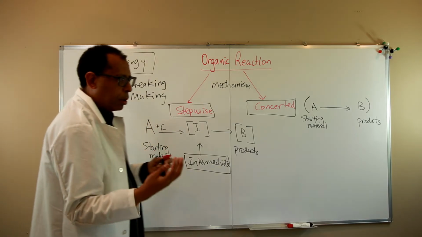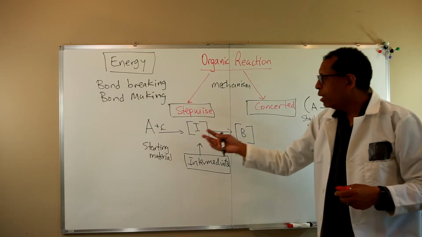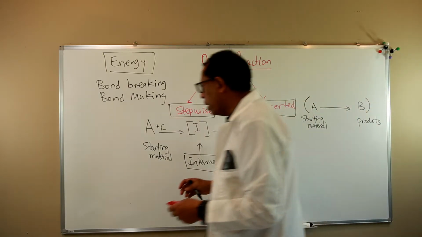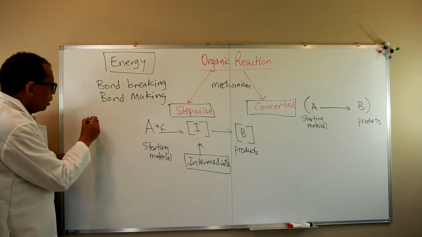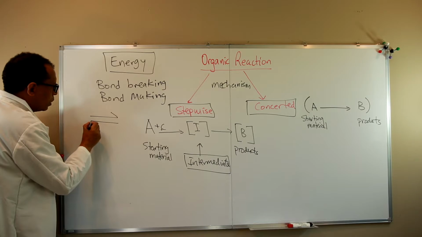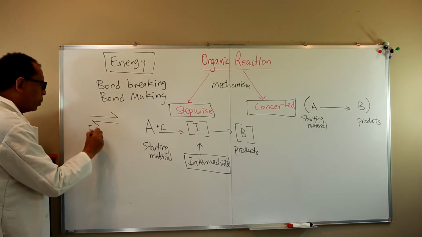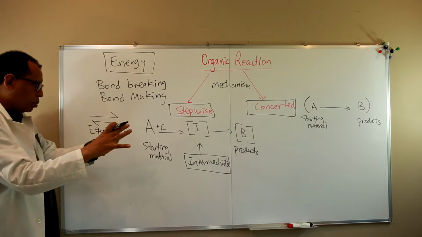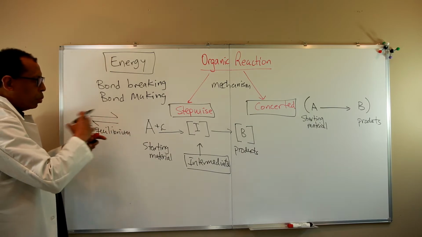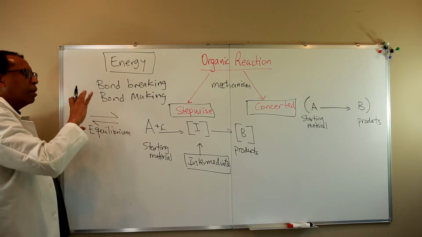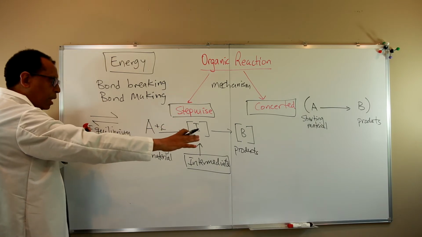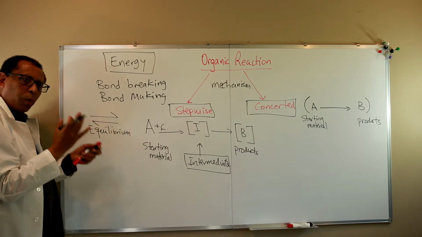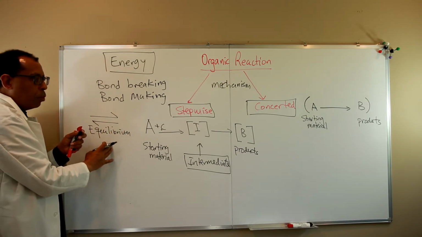So that equilibrium, based on the energetics, would be favored either forward or backward. So in a chemical reaction, this double arrow means equilibrium. This is when the reaction reaches an equilibrium. It can go both ways. So it means that when the forward product-making rate of a reaction and the backward rate are equal, at that point equilibrium would be established.